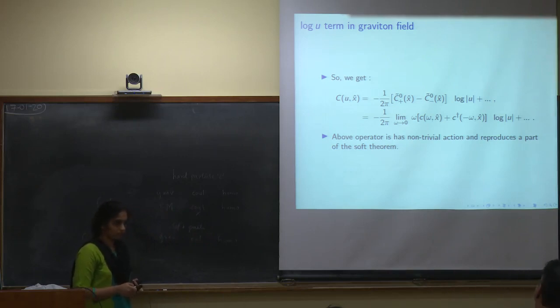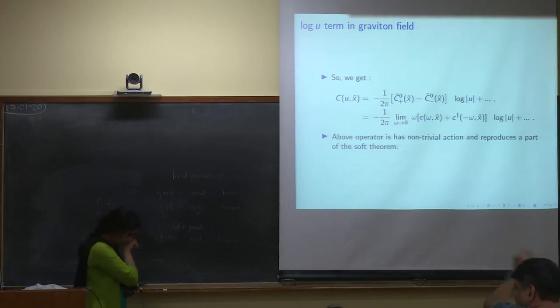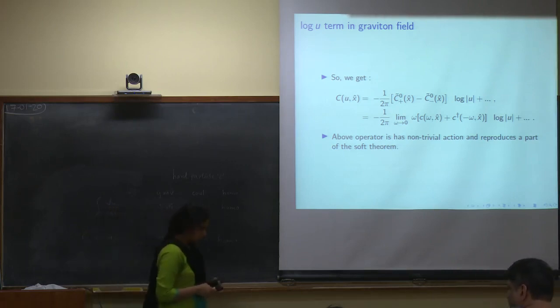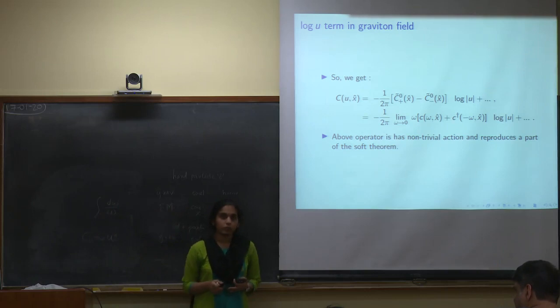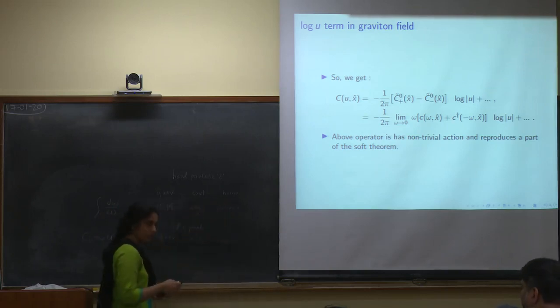Therefore you put C plus minus C minus equal to what you see from this calculation. One could in principle justify the presence of log u from there.